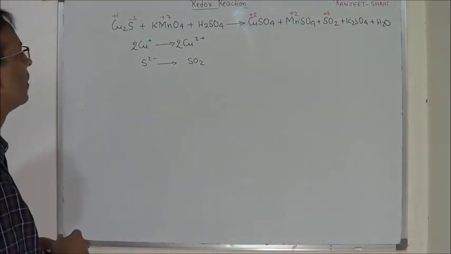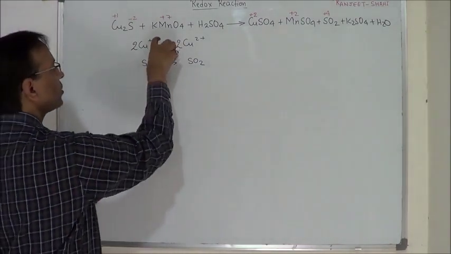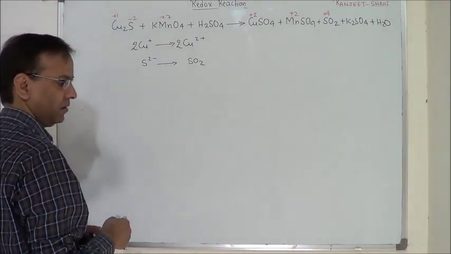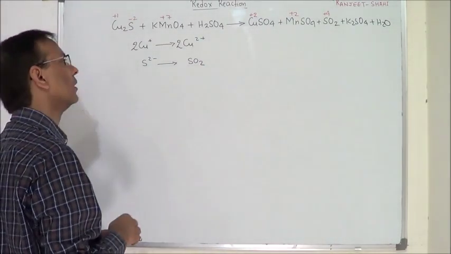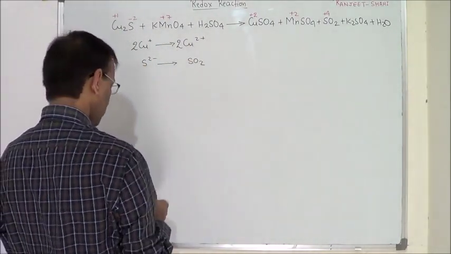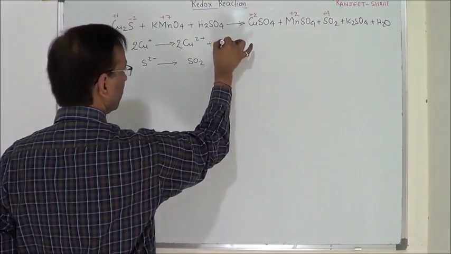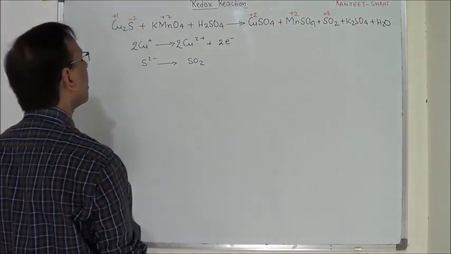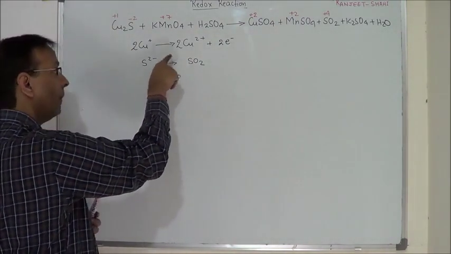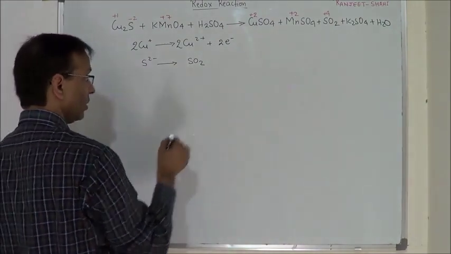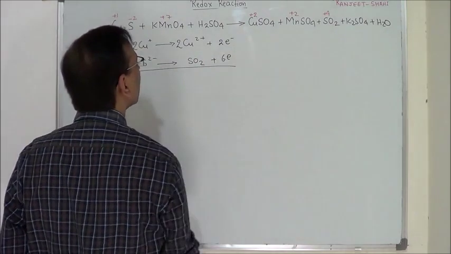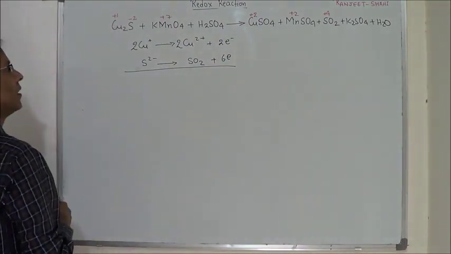And then balance these two oxidation half reactions up to electrons by the oxidation number method. We have here 2 into +1 to +2, so loss of 2 electrons. Sulfur -2 to +4, so loss of 6 electrons, and add them like this.